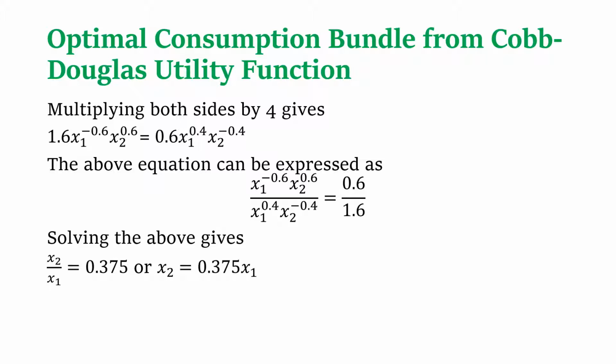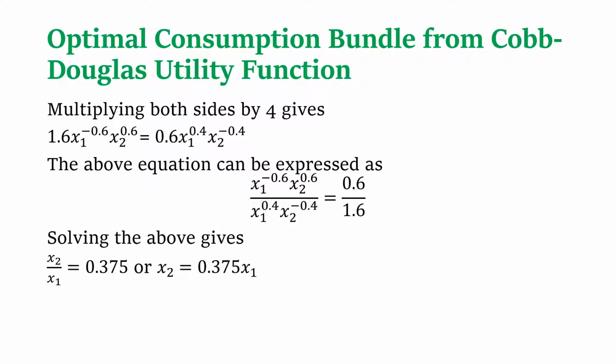Now remember, if we have this scenario here, x1 to the minus 0.6 over x1 to the 0.4. Now, you've done indices before, right? So you know what this one is. a to the x divided by a to the y is a to the x minus y, right? So that's what we're going to do here. Simple.